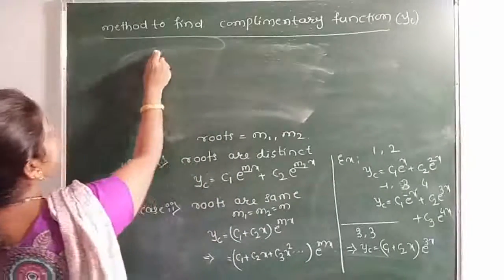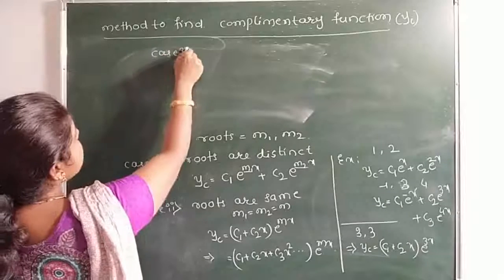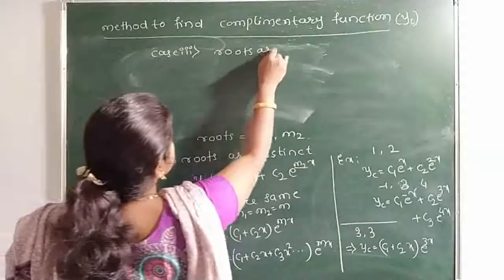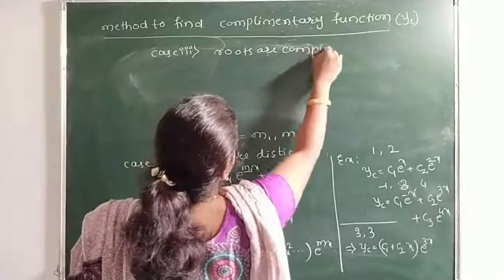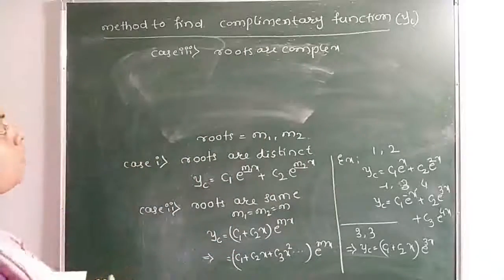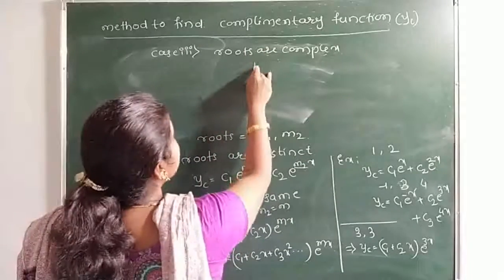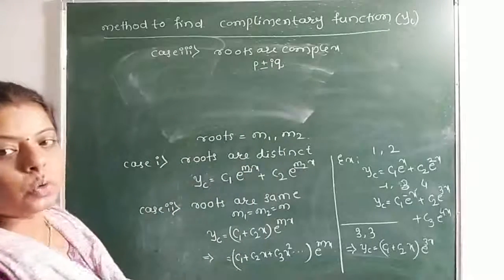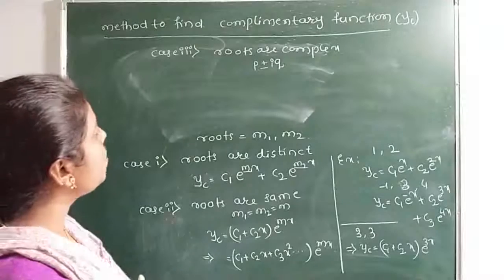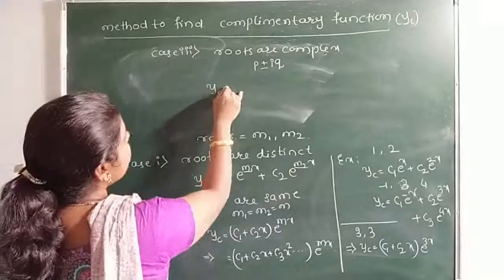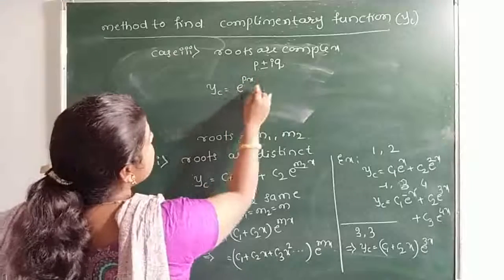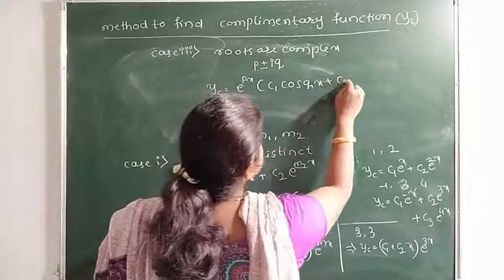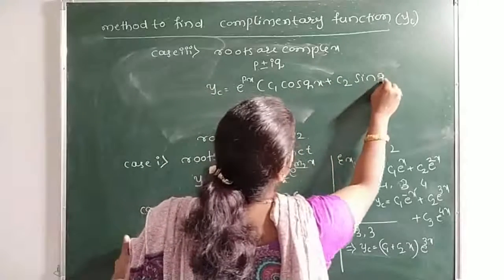the roots are different. Case 3: the roots are complex. Complex means the roots are in the form p plus or minus qi. Here you write yc in the form e to the power px times c1 cos qx plus c2 sin qx.